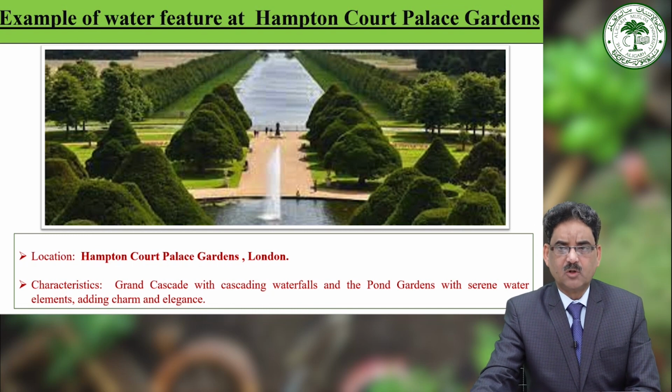It shows ornate water features such as the iconic Fountain Court. Moreover, the Grand Cascade, a series of cascading waterfalls, adds a majestic touch, while the pond gardens feature serene water elements, contributing to the overall charm and elegance of this garden.